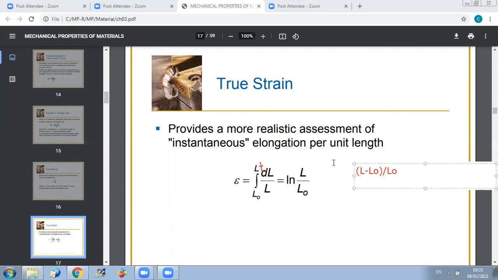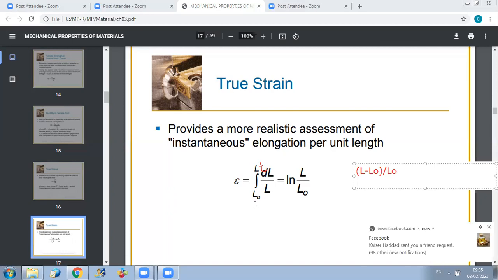So instead of calculating delta L in one step by doing L minus L0, we consider a small increment in length, dL. At each step, dL is divided by the current length L. To obtain the total value of epsilon, we should do integration. This is why the true strain can be defined as the integral, where L varies from L0 to L, the final length, of dL over L.